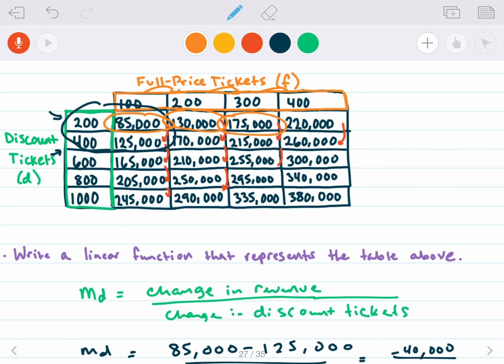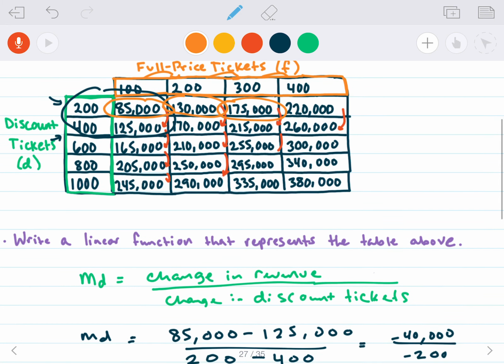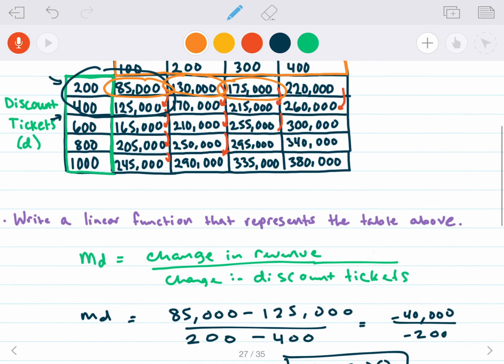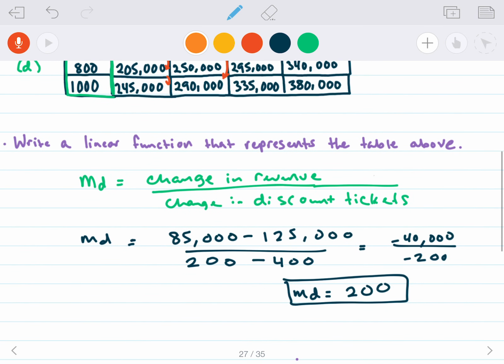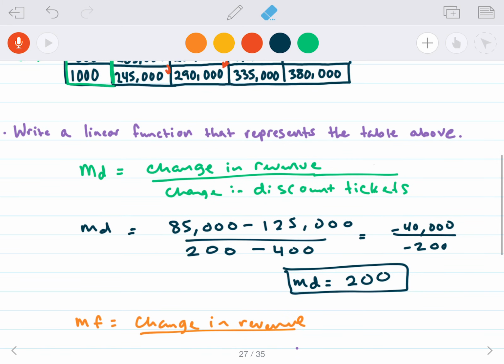And that's going to be by $45,000, okay? So if we want to put this in our slope formula, we have MF is equal to the change in revenue. We're going to divide all of that by the change in the full price tickets.